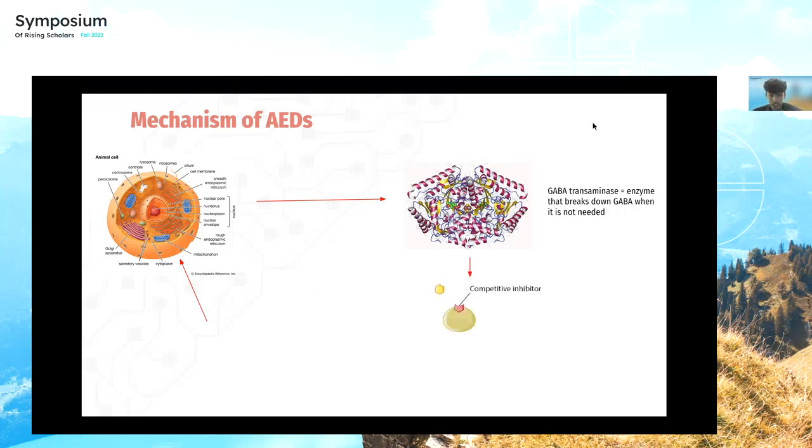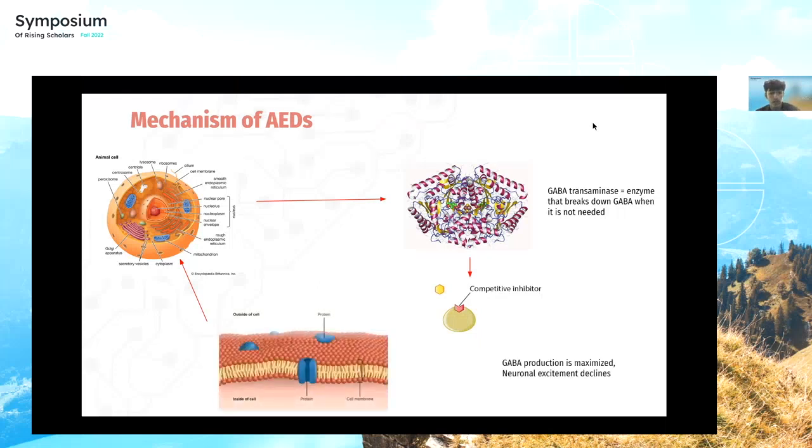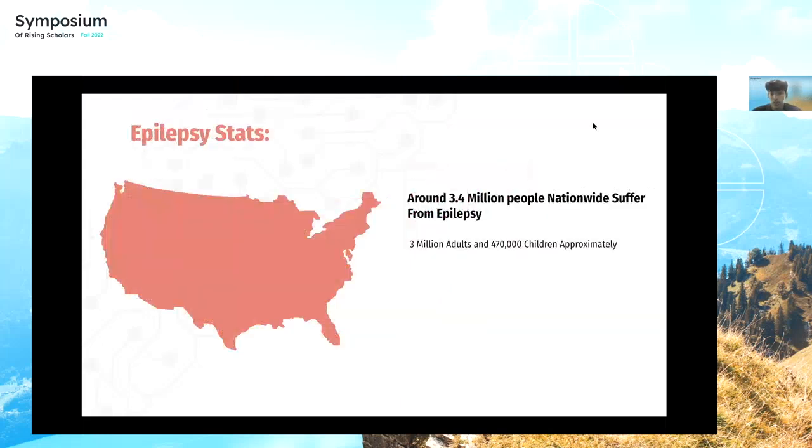But what AEDs do is they stop this enzyme from binding with its substrate, and they maximize the production of GABA, and they essentially create a reservoir in the body of GABA that can maintain that steady level of neural excitement.